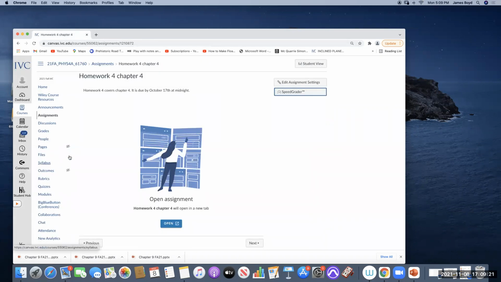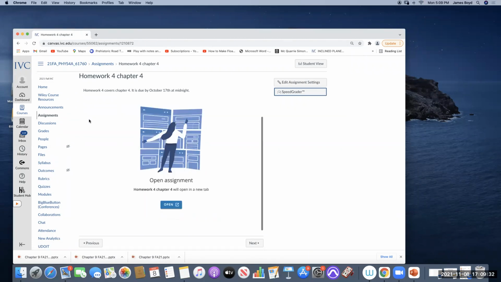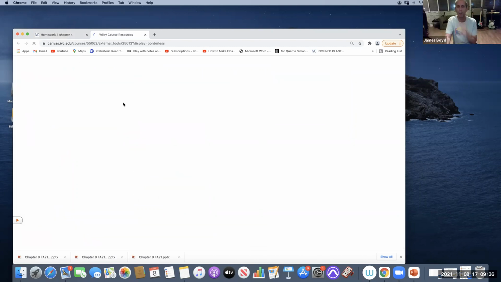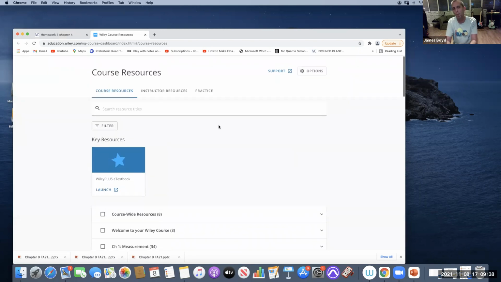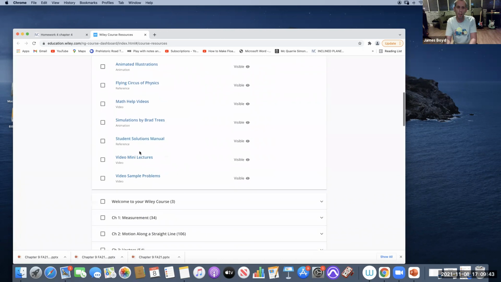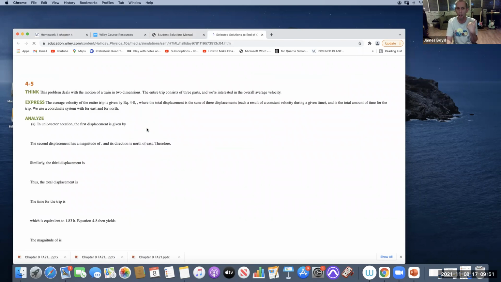Can I look at these problems even though they're graded? I don't know if you can or not. I don't think so, but are there similar problems that I can look at? So here's what I know: if you go into the Wiley book, in the course-wide references, there are student solutions for the problems at the end.